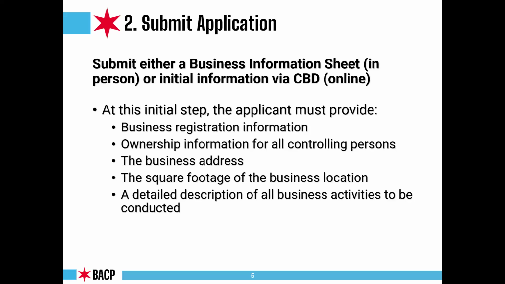Licenses are location driven, and so we are going to need the address to, number one, identify if the activity is allowed at that location, and then we're also going to need the location, just because again, licenses are location driven, meaning when we issue a license, it's specific to that location that you're applying for, and it's non-transferable, meaning if we issue a license at 123 North LaSalle, you can't physically grab that license and operate at 789 North LaSalle. You would have to apply for that other address.